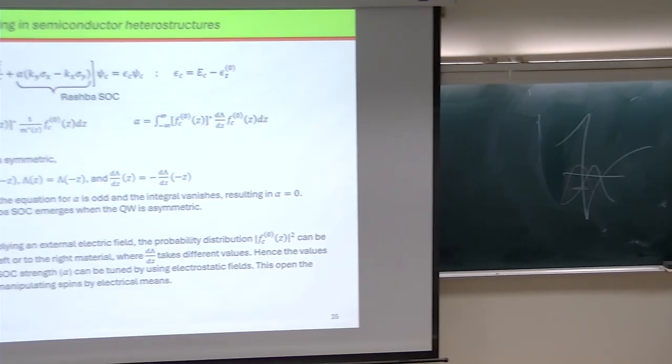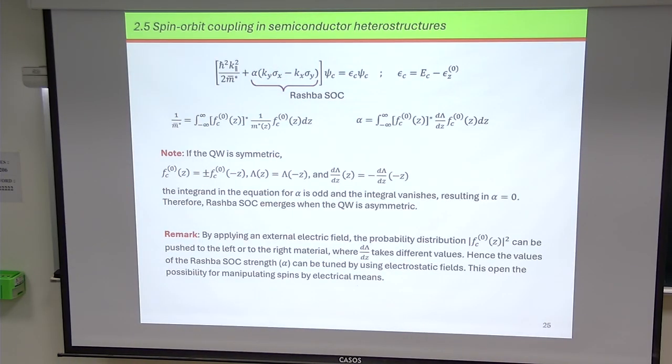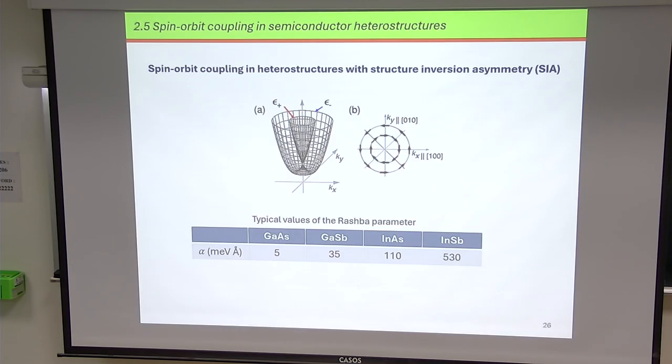Now we have this Hamiltonian, and finally I just want to show how the bands look when you have a spin orbit coupling. So they look like this. These are the bands. You have two bands, one for each spin chirality. I cannot say spin up, spin down now, because spin orbit coupling doesn't conserve spin. So the spin is essentially locked to the direction of the momentum for each band.